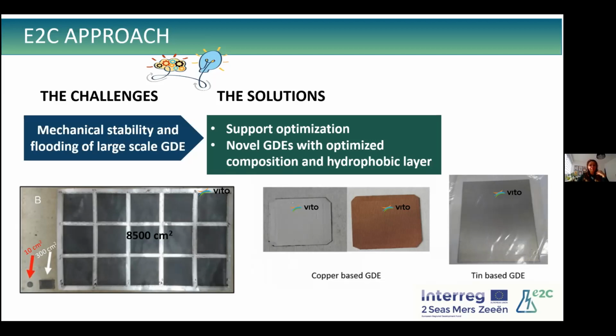Also, both Vito and TNO are working on the development of novel types of gas diffusion electrodes with different types of hydrophobic layers on the backside, on the gas side, to avoid flooding issues, which right now is one of the most important showstoppers during CO2 conversion reactions when using gas diffusion electrodes.